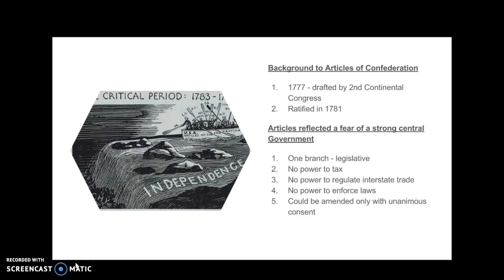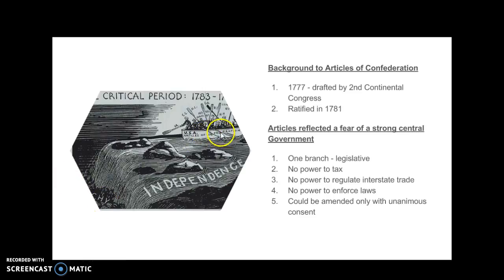All right, so this first image is a political cartoon that looks at the Articles of Confederation, or this critical period from 1783 to 1787. This political cartoon, if you could see the whole thing, has a waterfall of independence billowing over the rocks into a sea of anarchy.